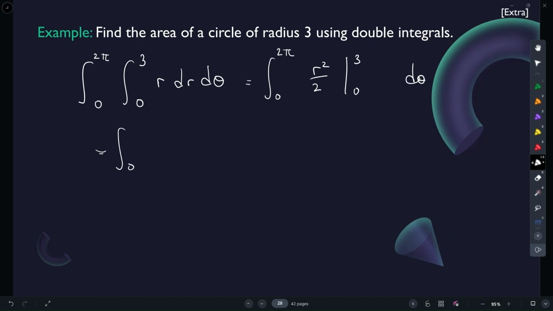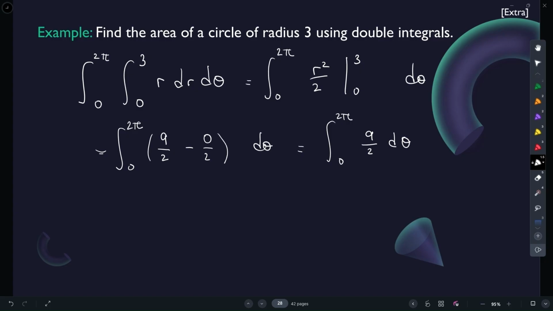Let's just still integrate with respect to theta without any changes there. And r squared divided by 2 evaluated at 3 gives me 9 divided by 2 minus 0 divided by 2. So now I have to integrate between 0 and 2 pi, just the integral of 9 divided by 2 d theta.